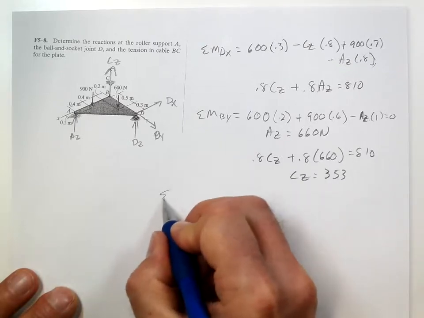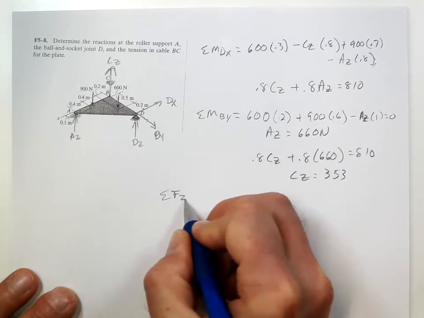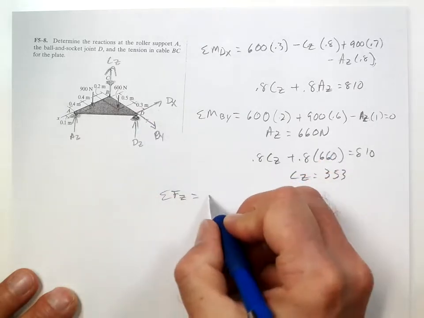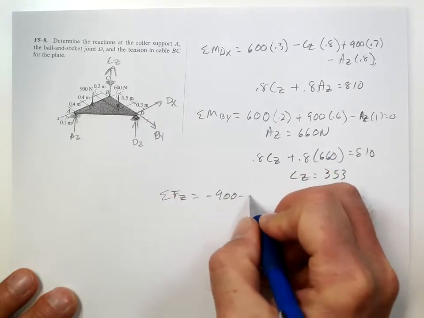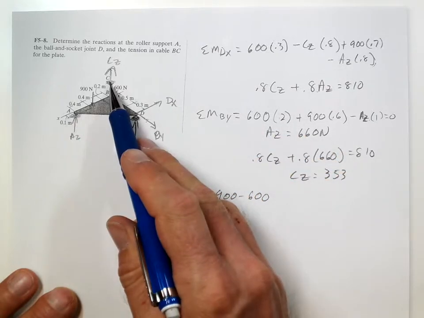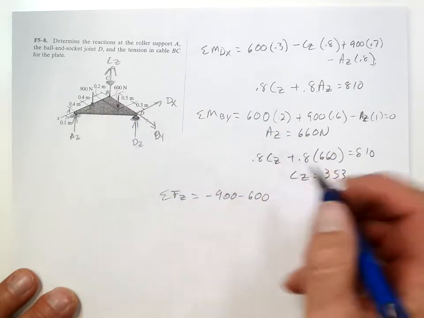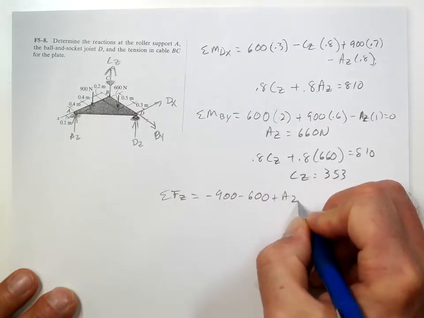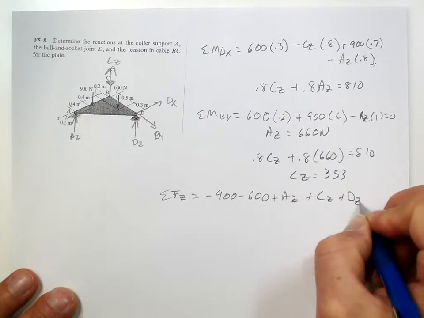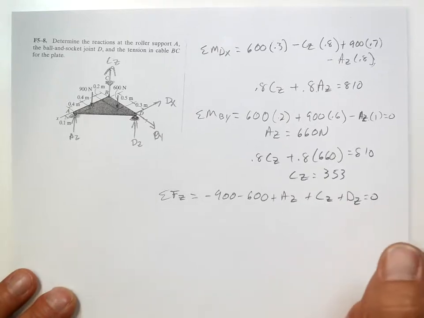Finally, we'll sum the forces in the Z direction. There's 900 down, 600 down. There's AZ up, CZ up, and DZ up. They all equal 0.